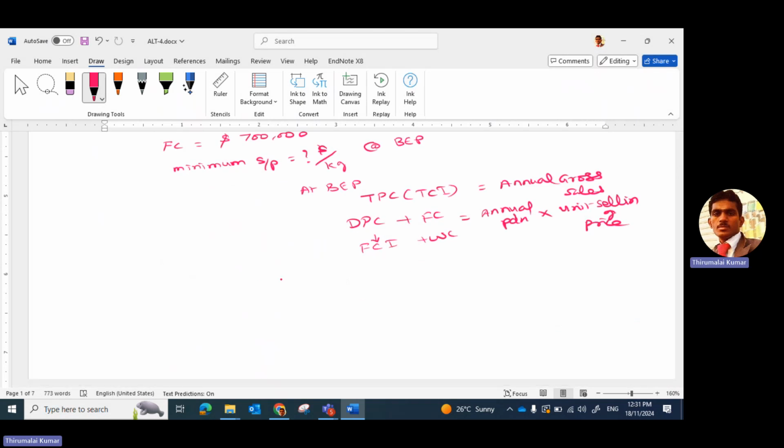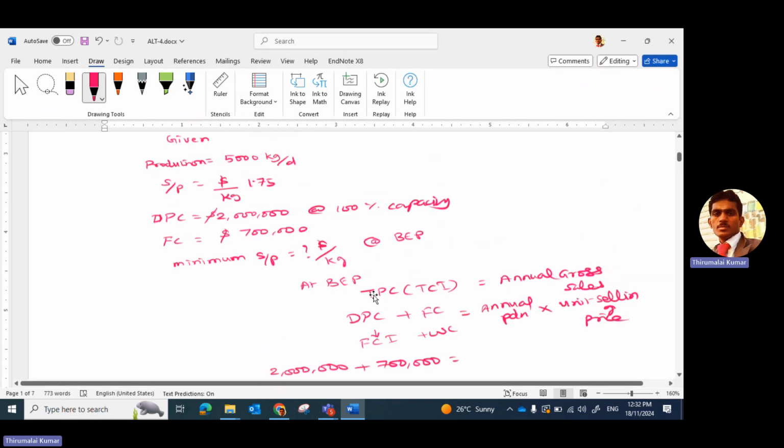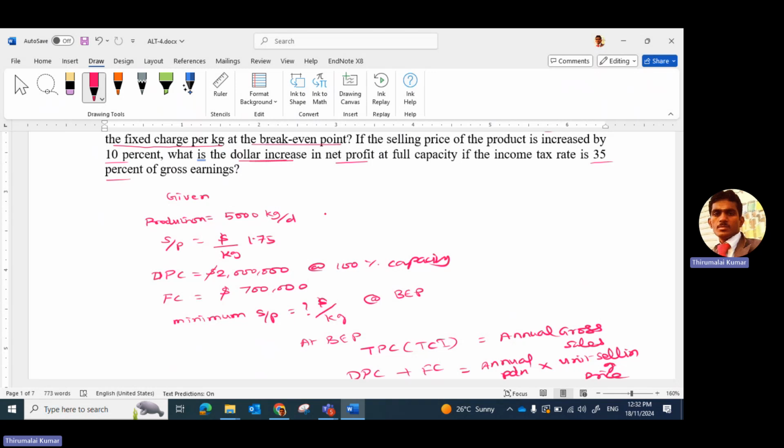Here, direct production cost is $2 million, fixed cost is 700,000, and annual production is needed. The given production is 5,000 kilogram for 1 day. For annual production, the plant is running throughout the year, so for 1 year the number of days is 365.